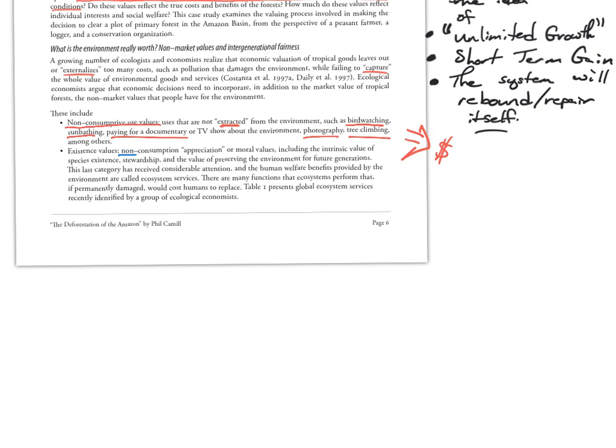These non-consumptive appreciations or moral values, all right, this idea that things exist and that we have a stewardship responsibility as human beings, we are stewards of this land, that perhaps we should take care of this.